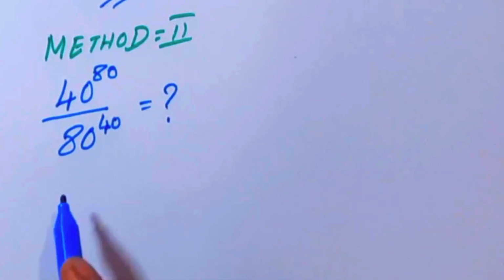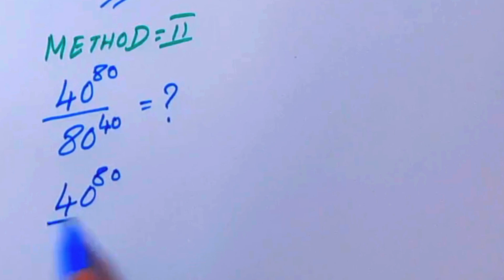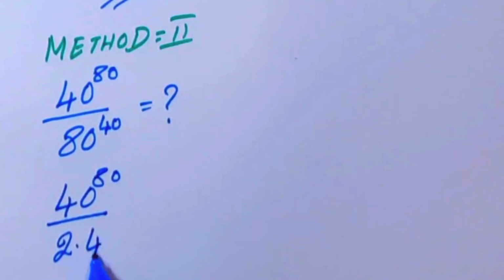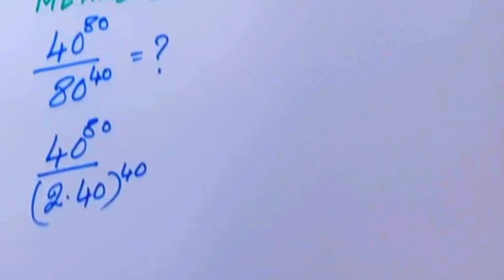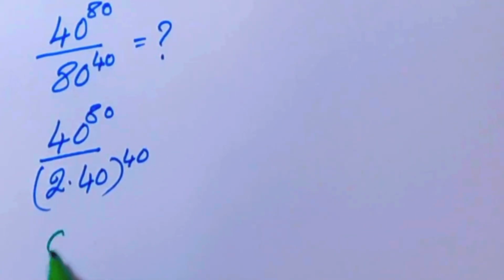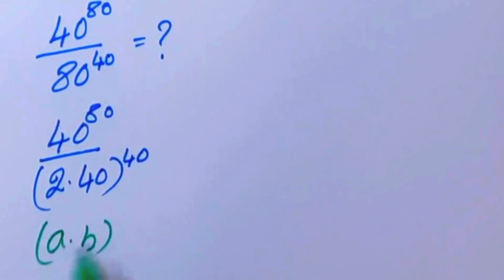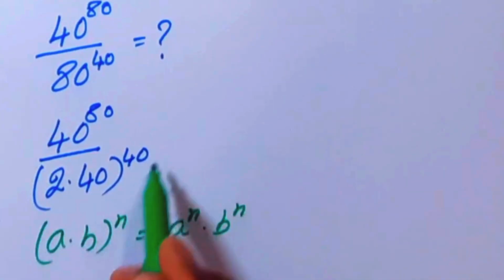This 80 can be written as 2 times 40, whole power 40. Now we see this expressed as (a times b) whole power n equal to a^n times b^n. We are going to apply this here.